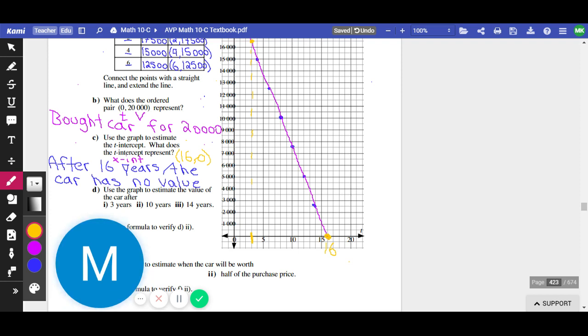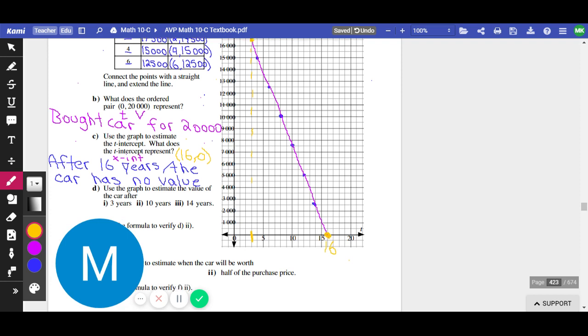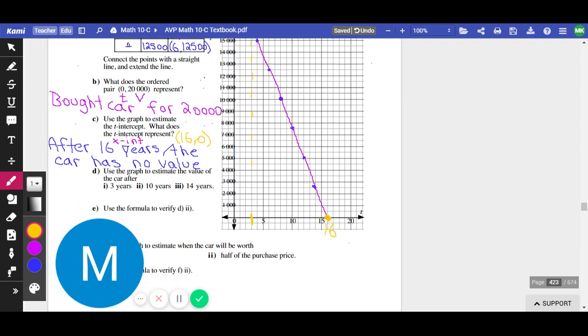That's all these graphs can really do for us when we draw by hand, is we can estimate. After 3 years, I'm going to say 16,000. Let's go with 250 because I got a lot of nods when I said that. Beautiful. I want you to try 10 years and 14 years on your own. So try to write the value of the car after 10 years, the value of the car after 14 years.